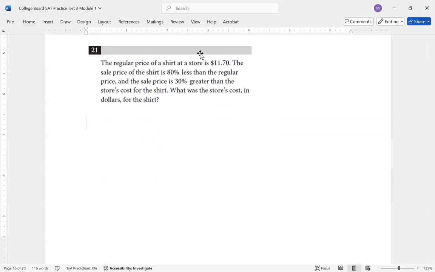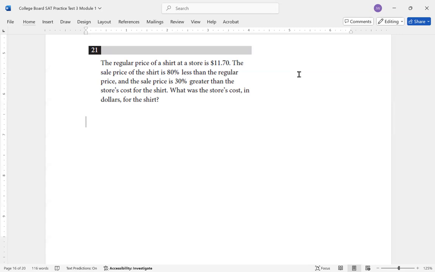Question 21. The regular price of a shirt at a store is $11.70. The sale price of the shirt is 80% less than the regular price. The sale price is 30% greater than the store's cost for the shirt. What is the store's cost for the shirt in dollars?